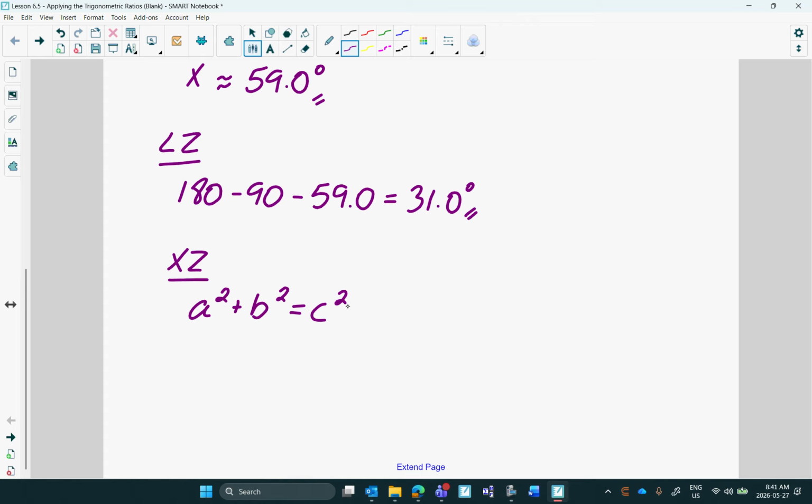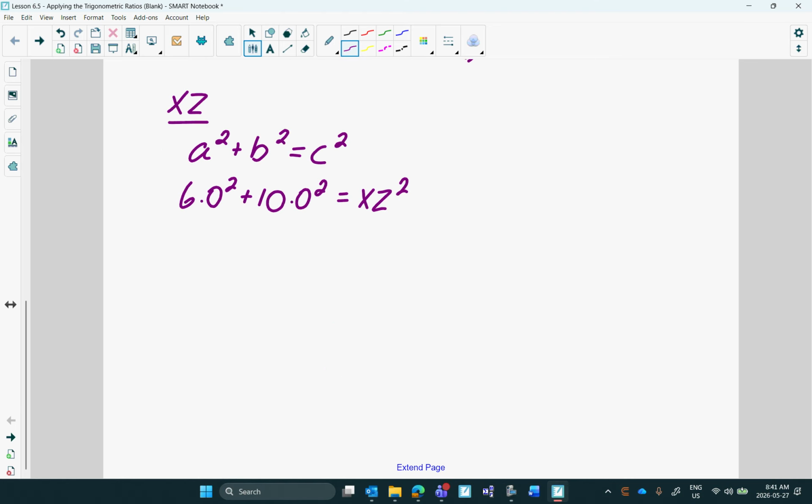Well, one of the legs is 6.0 squared, plus the other leg is 10.0 squared, equals, it's no longer called c, it's xz squared. All right, 6 squared is 36, 10 squared is 100, so if I add the two, I get 136, equals xz squared.